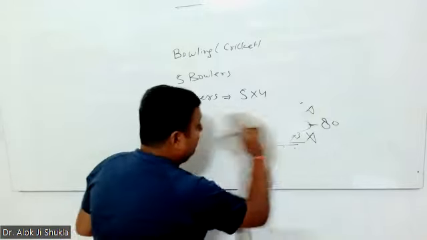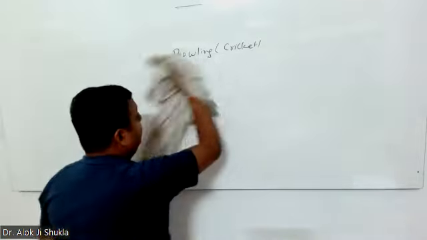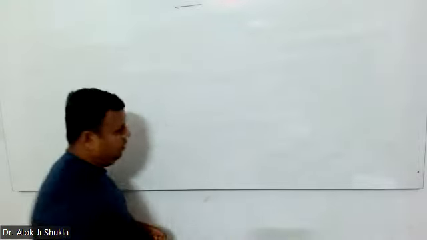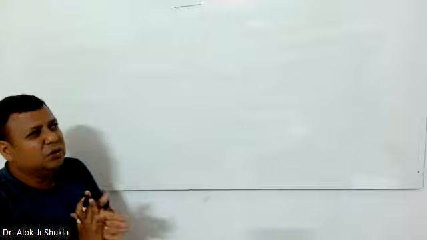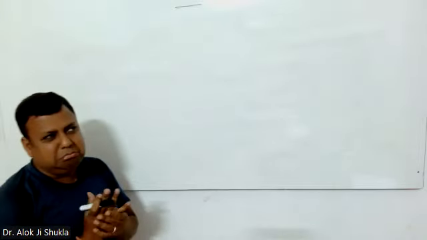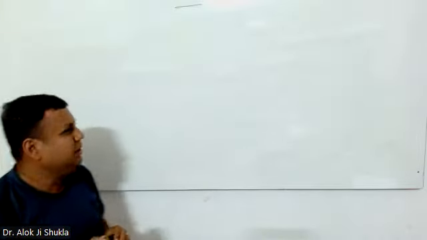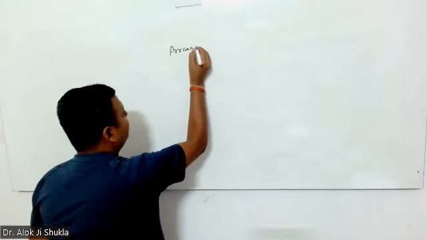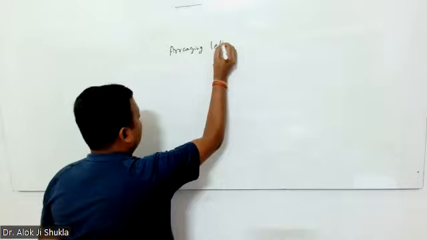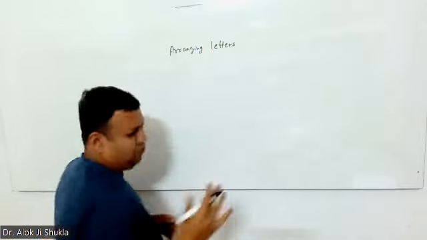Now let's come to some special cases of permutation. One of the most interesting problems is basically arranging letters or digits or objects, whatever.